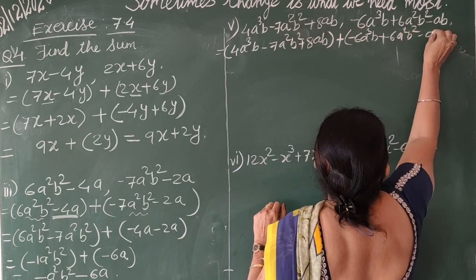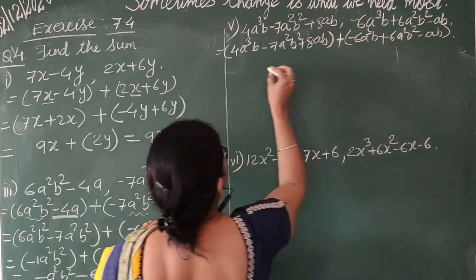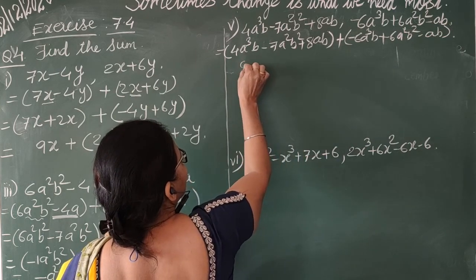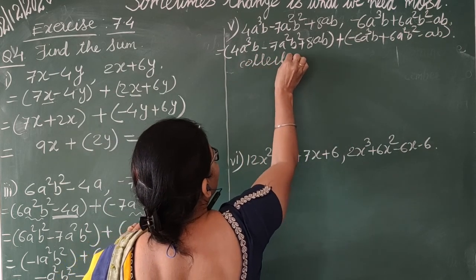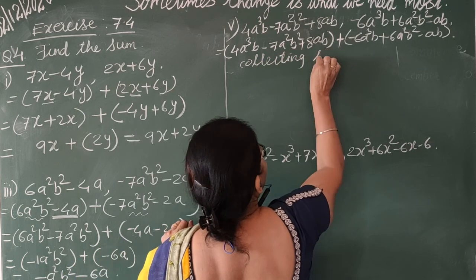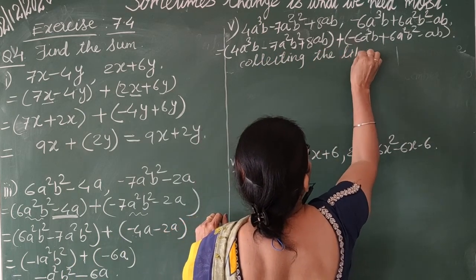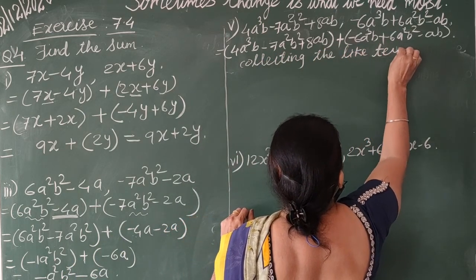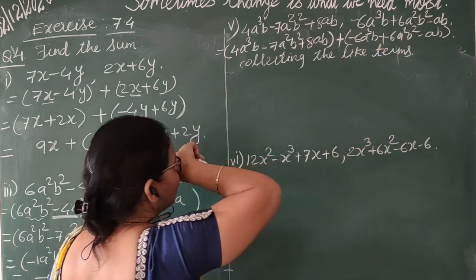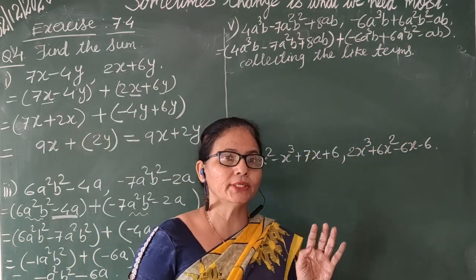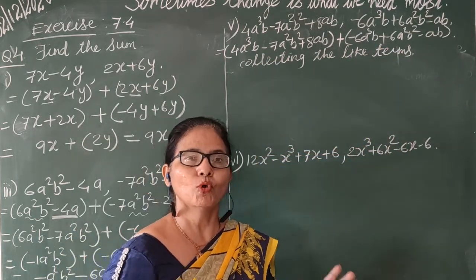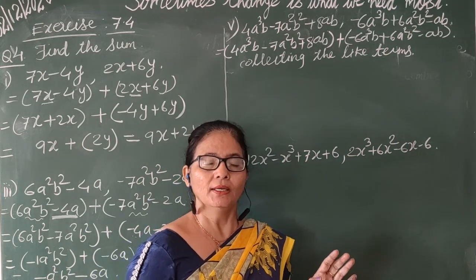Okay, and again this also in the bracket. Now collect the like terms. Here you can write, if you want to write, that collecting the like terms. Now see, so here what is more important? The most important thing is what is meant by like terms. Like terms means what?